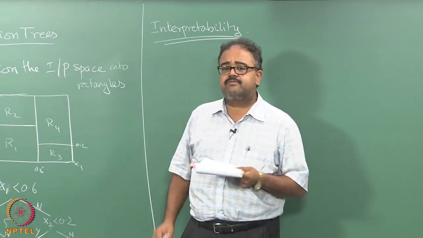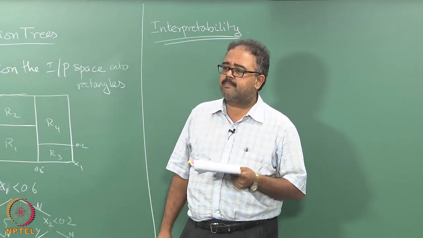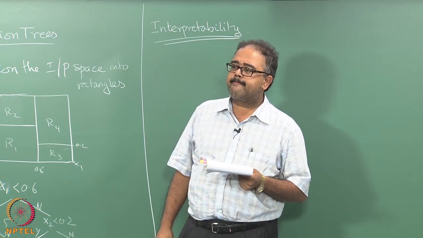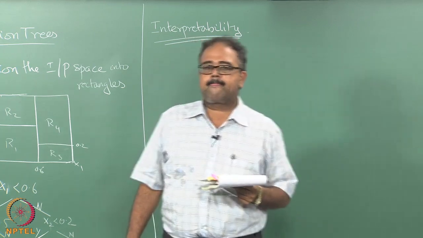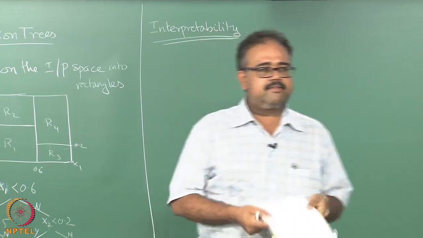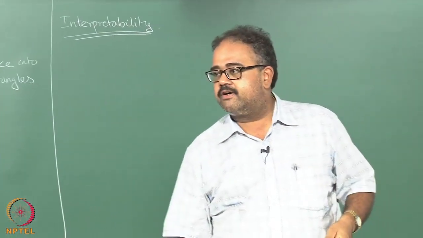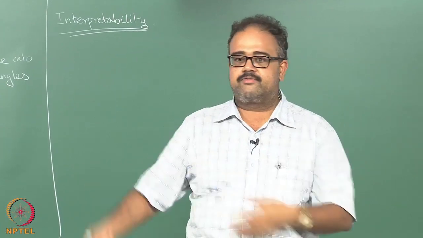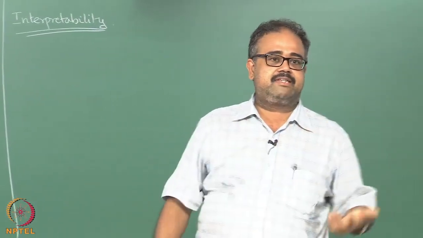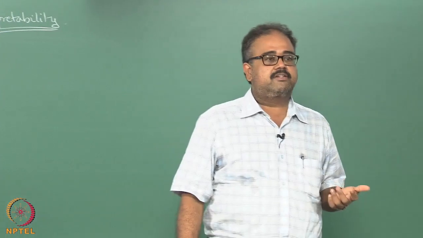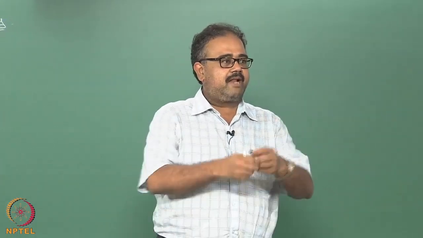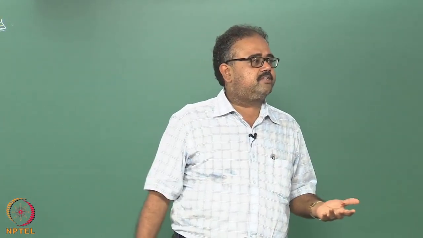How expressive are decision trees? If you remember, we had this discussion about neural networks. I said if you have 2 layers of weights, that is 3 layers of neurons, you can basically represent any Boolean function. The branching factor might be very high, but then you can represent any Boolean function.